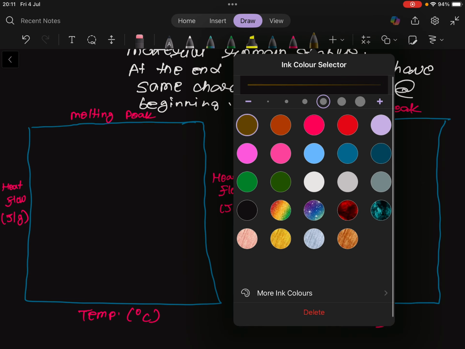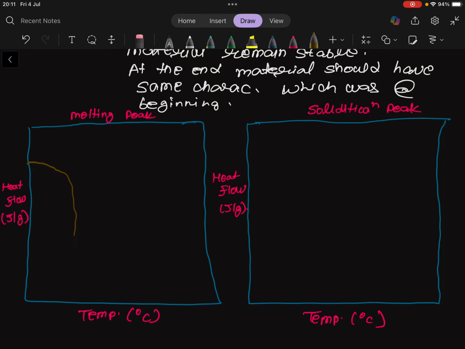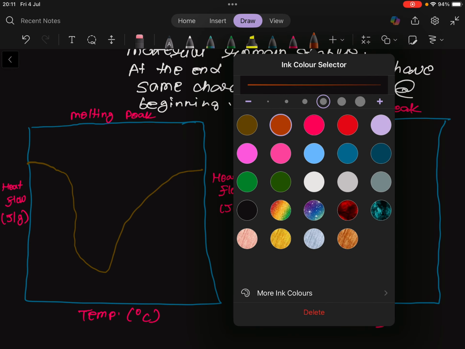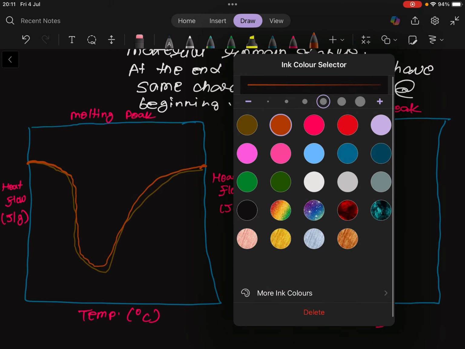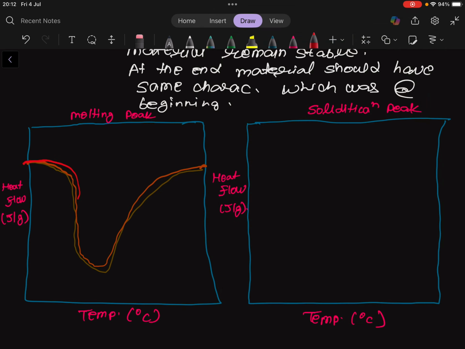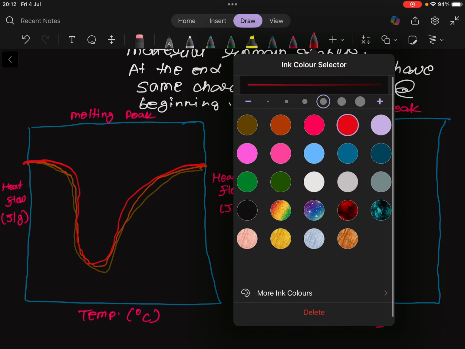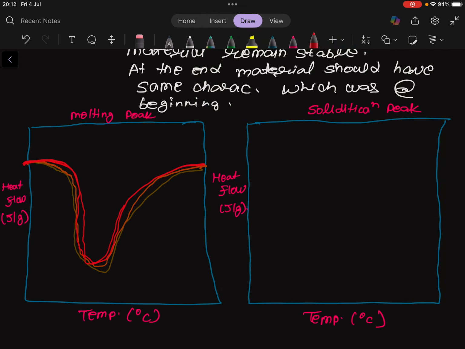For the first cycle, suppose we have several cycles, we have something like this. For cycle 9 we should have something like this. For cycle 12, something like this.